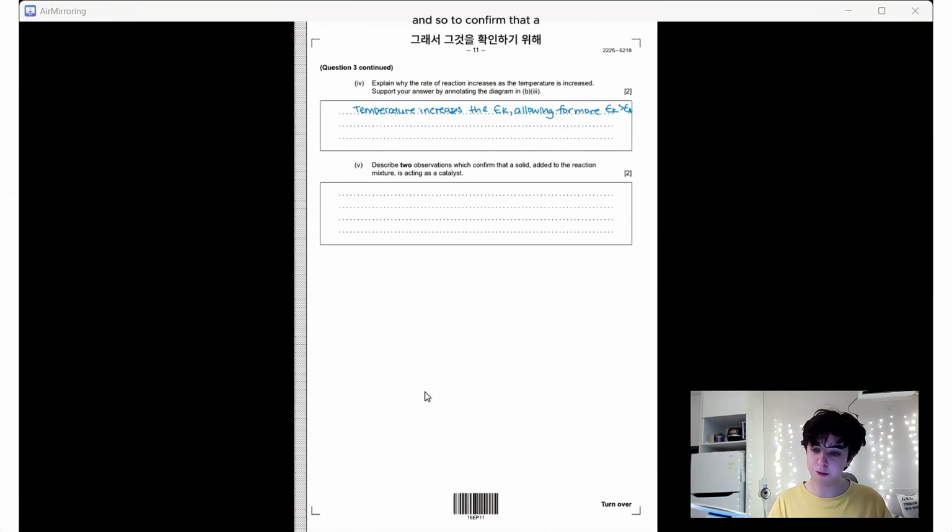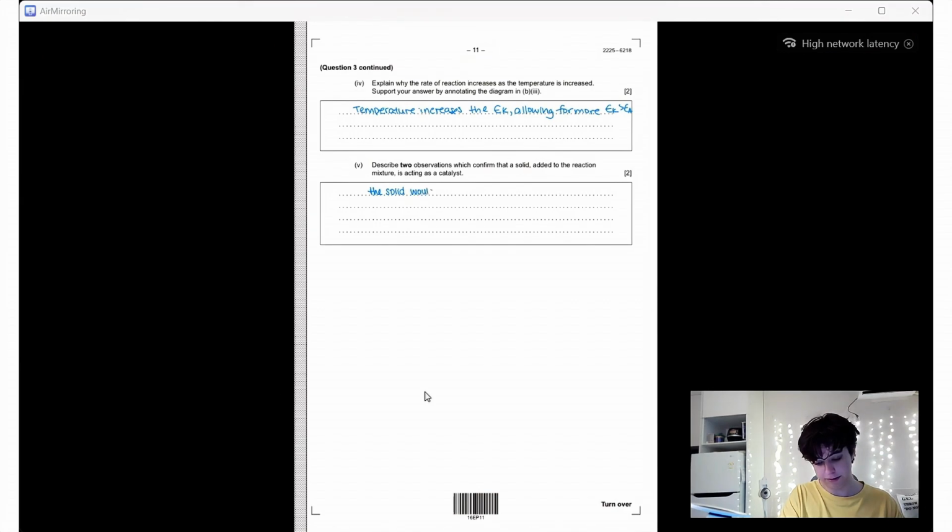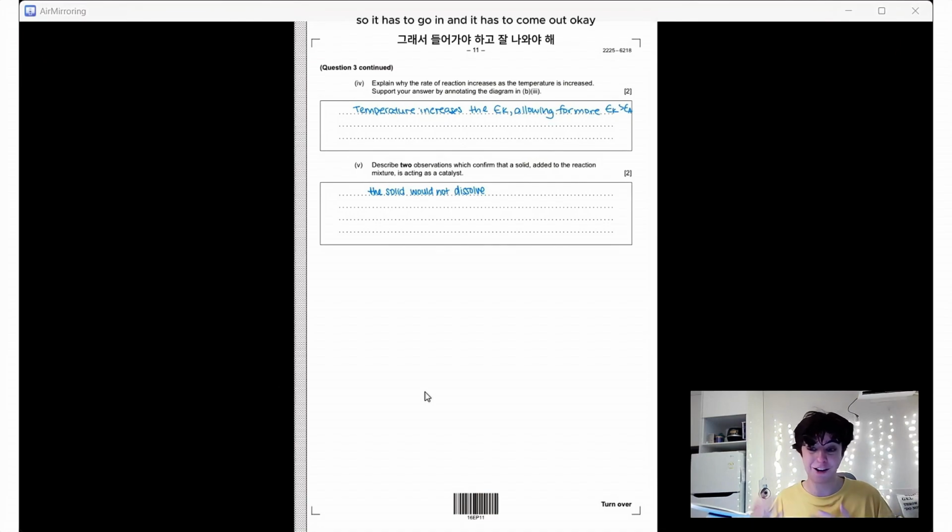And so to confirm that a solid is a catalyst, the solid would not dissolve, because the catalyst has to be regenerated. It has to go in and it has to come out. So it would not dissolve.